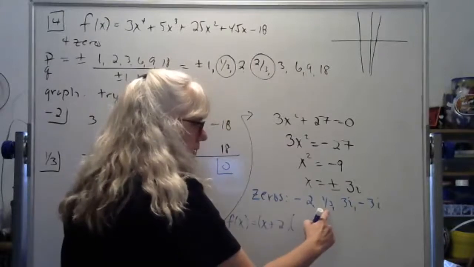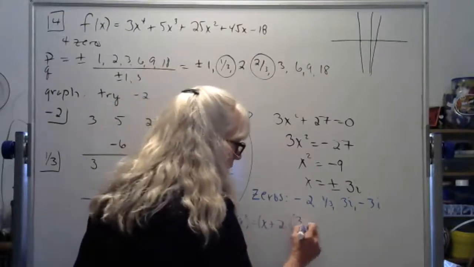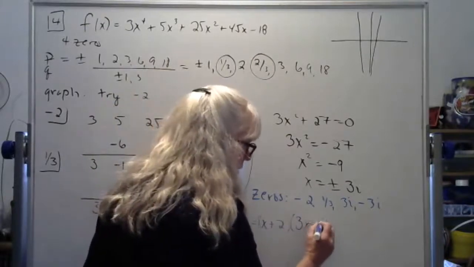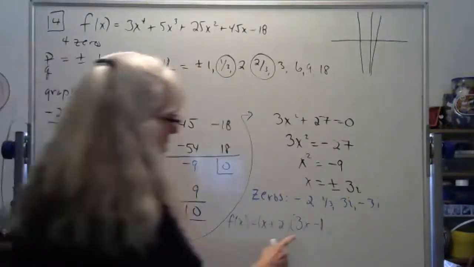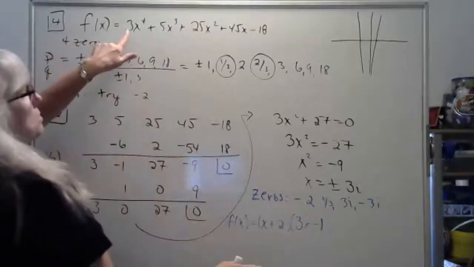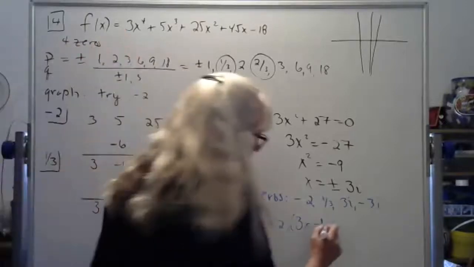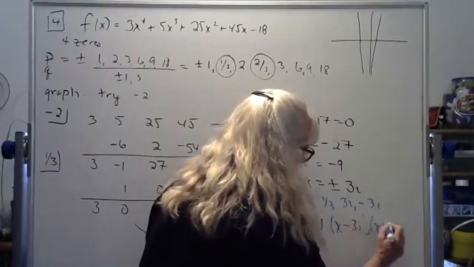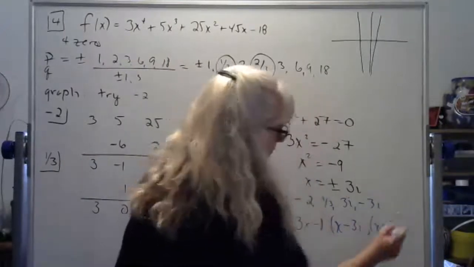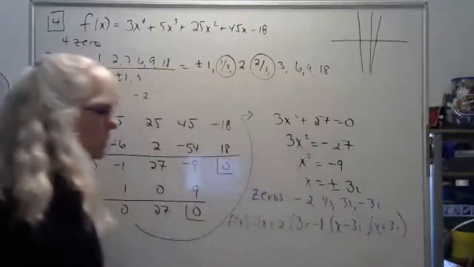Here I'm going to do my little sneaky trick with that 1/3. I'm going to rewrite that as 3x minus 1. When you solve that, you'll get your 1/3, and that 3x is going to give us our coefficient back up top. So then we have an x minus 3i and an x plus 3i. And there's the factored form of the polynomial.